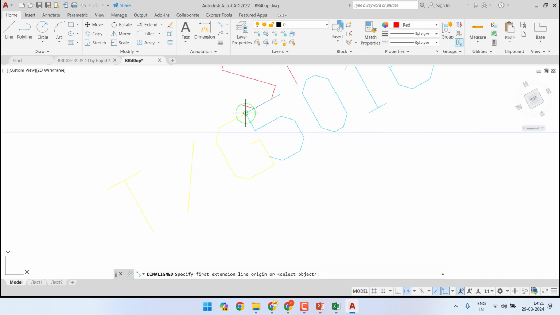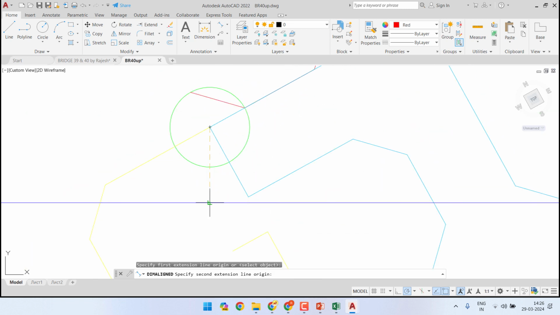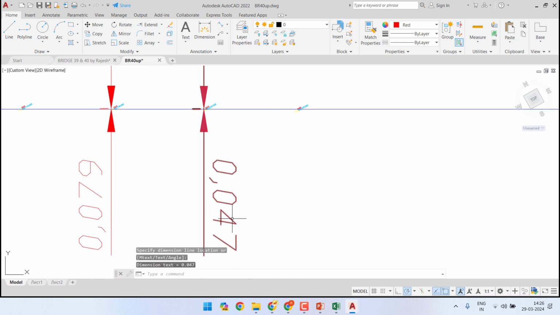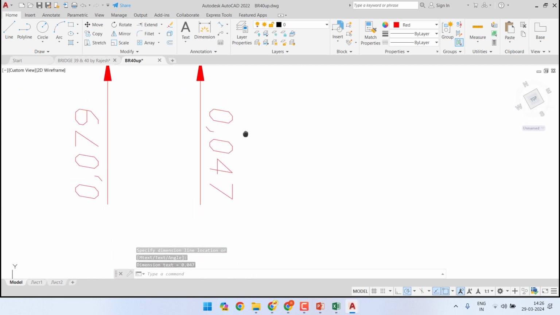This is station number 4, and this is the terminal tangent, and what is the offset here, and we see here it is 47 mm.